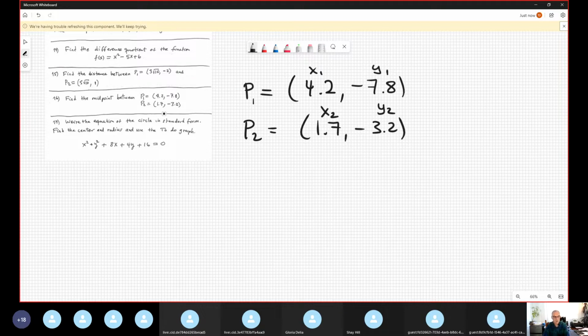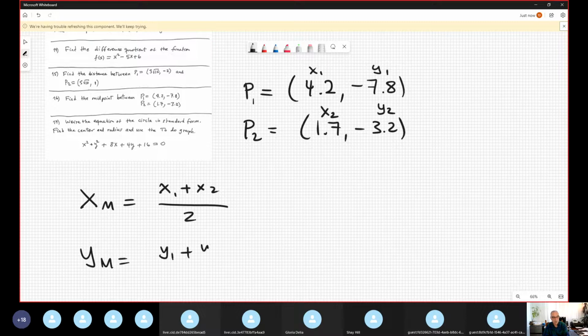And the formula for the midpoint: x midpoint is the average, x1 plus x2 divided by 2, and y midpoint is y1 plus y2 divided by 2, the average in between. So x1 is 4.2 plus 1.7, you add the x components like that, divided by 2.